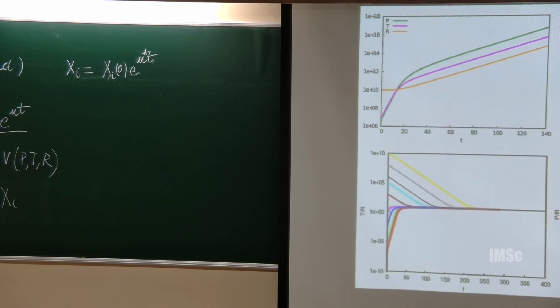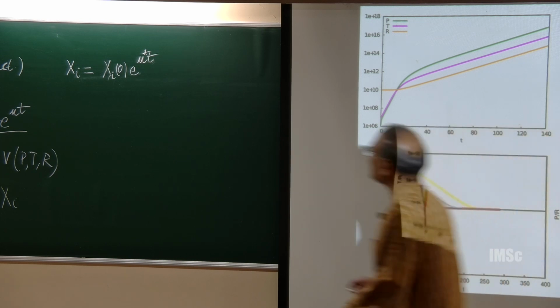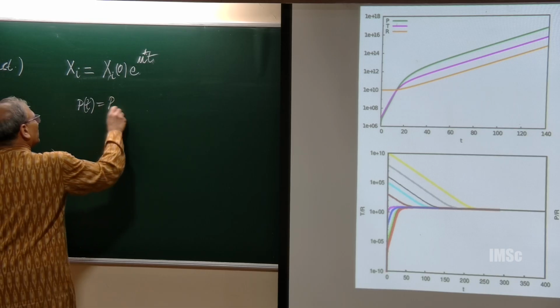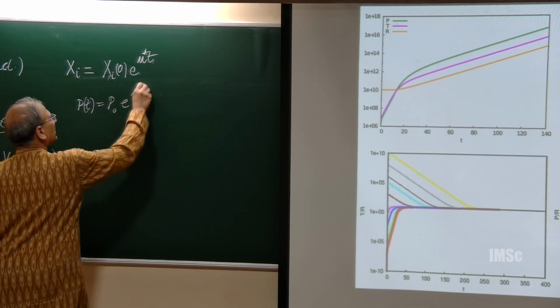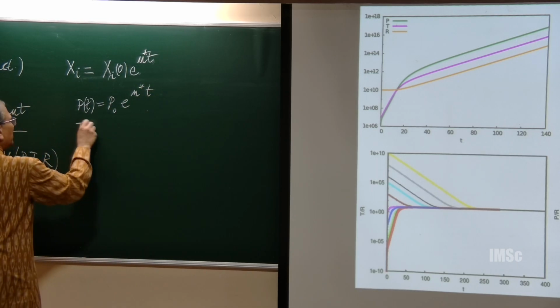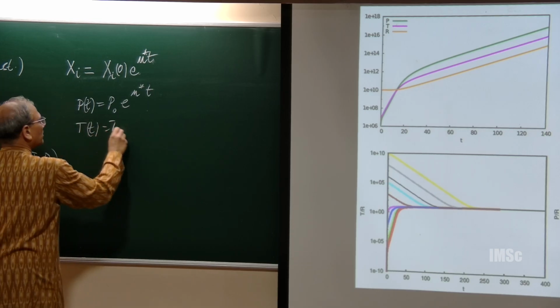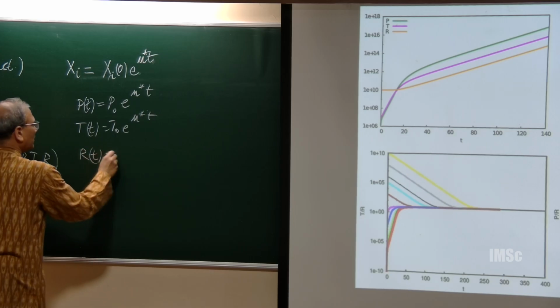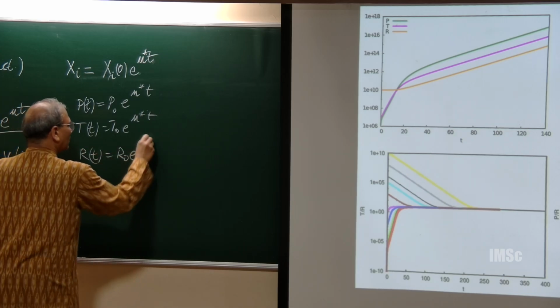Yes. So I'll show you that you can actually substitute this ansatz: P of t is equal to P naught e to the mu star t, T of t is equal to T naught e to the mu star t, and R of t is equal to R naught e to the mu star t.